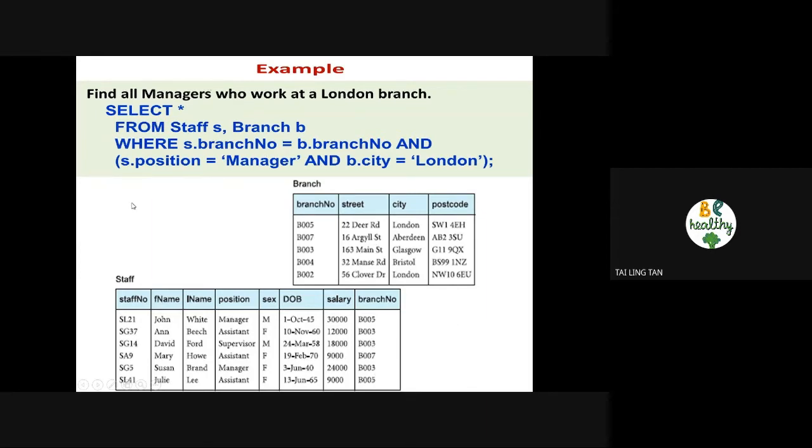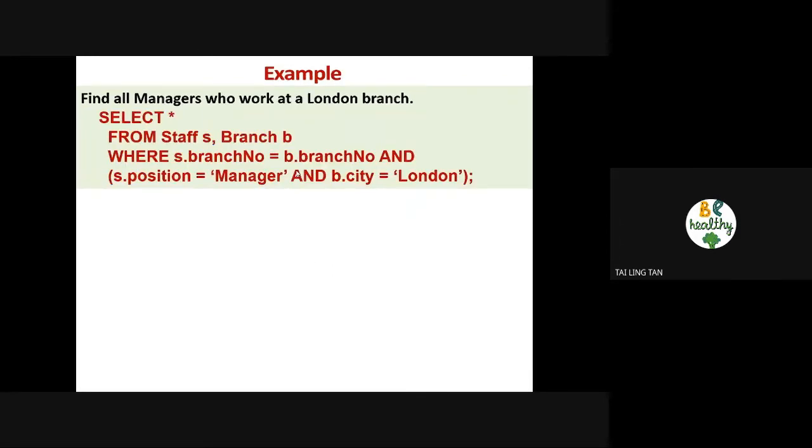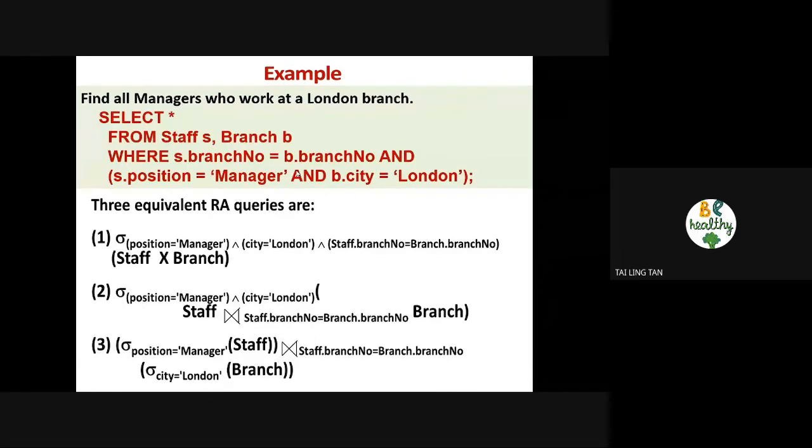But for Oracle, going through this simple query actually involves a lot of decision making. You can see here, for example, we have these three equivalent RA expressions. Even though we only have one SQL, when we pass this query to the DBMS, it goes through a lot of process.